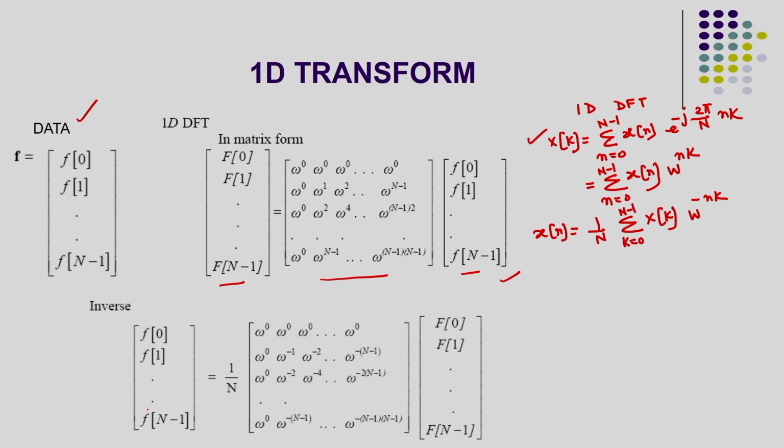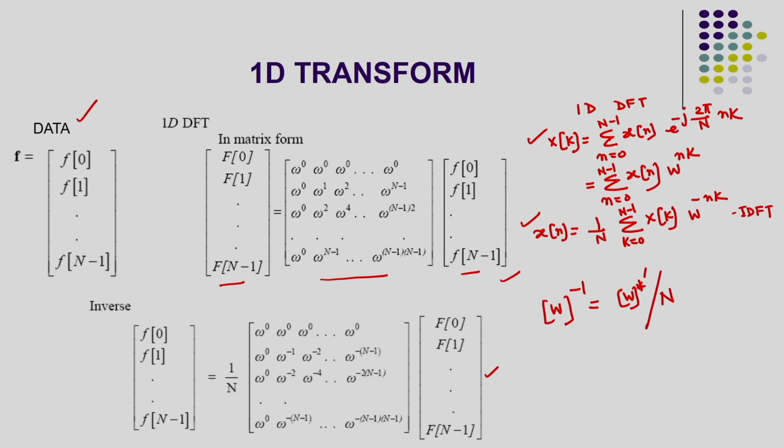Regarding the inverse, this is the inverse DFT, the IDFT. In this case, if I see this transformation, the inverse W inverse is equal to W complex conjugate transpose divided by n.